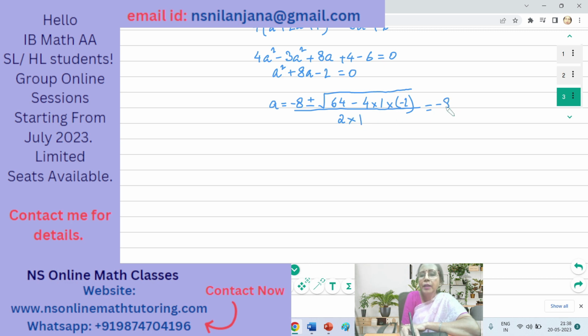So this is minus 8 plus minus under root. This is negative 4 times negative 2 is positive 8. 64 plus 8 is 72. Over 2.